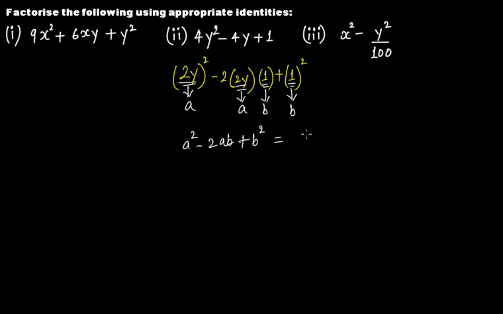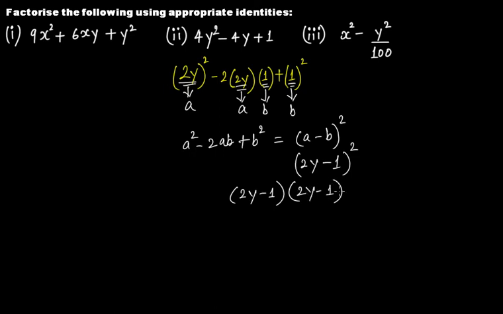That is equal to (a minus b) whole squared, right? So a is 2y and b is 1, giving (2y minus 1) whole squared. Therefore, the two factors of this quadratic polynomial are 2y minus 1 and 2y minus 1. These are the two factors, right?